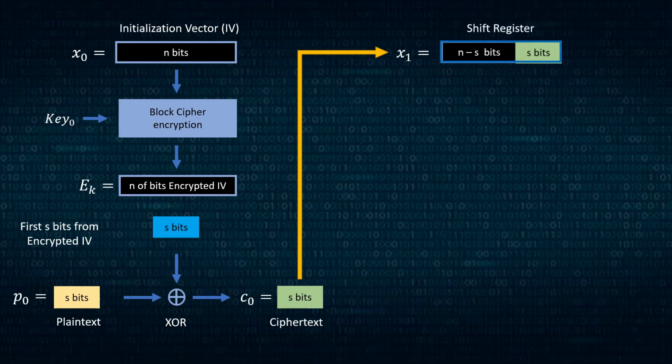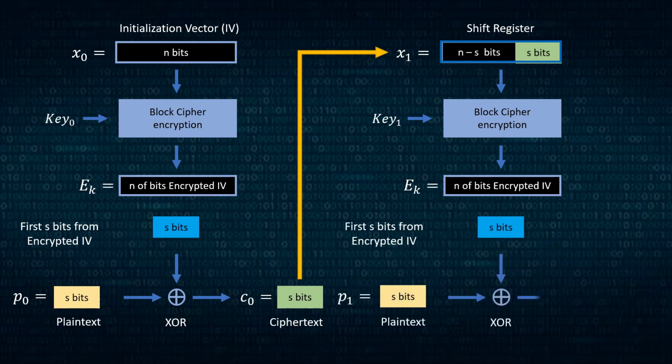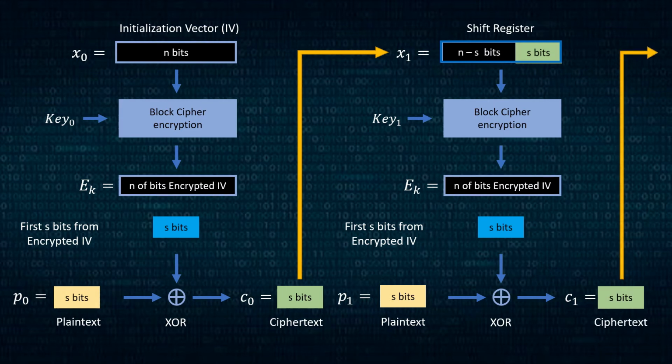Now we have n bits of shift register to perform the following steps. The following steps are exactly the same as the previous cycle. The cycle continues until all plaintext blocks are encrypted. I know it is still hard to understand, no worry, let me explain again with an example.